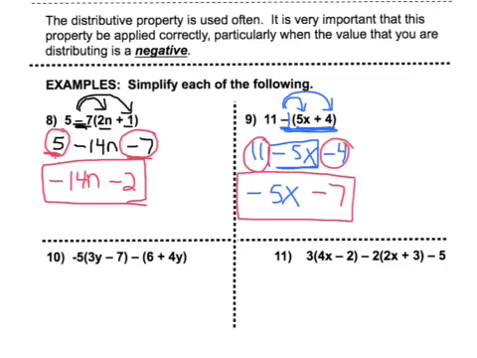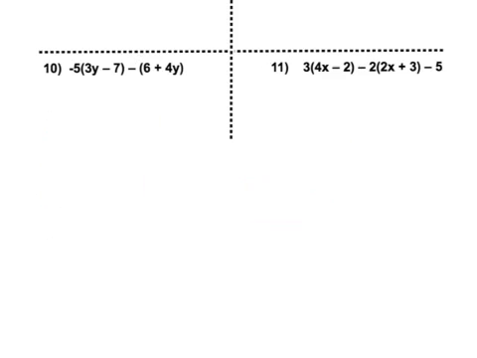Okay, now the next two problems have two sets of parentheses in them. So we're going to do the same thing, only it's just going to be a little more complicated. For number 10, notice that we're going to start with the first term, and notice that you have a negative 5 on the outside. We're going to distribute that by multiplying each term inside by a negative 5.